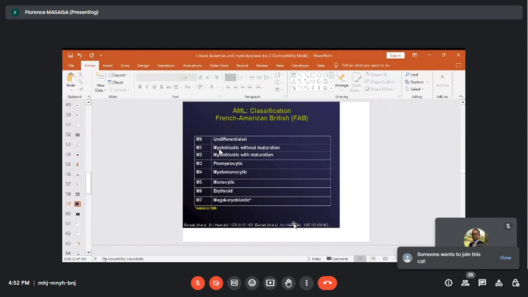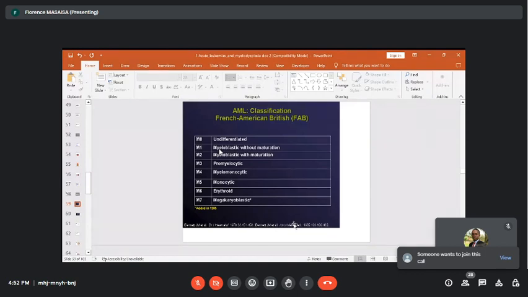When they later did the FBC, that's when they found that the patient had severe thrombocytopenia with an increased white cell count and anemia. When we went to the peripheral blood film, we found that the patient had acute myeloid leukemia.